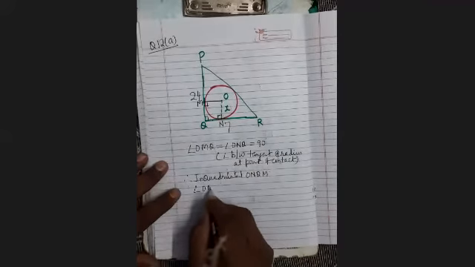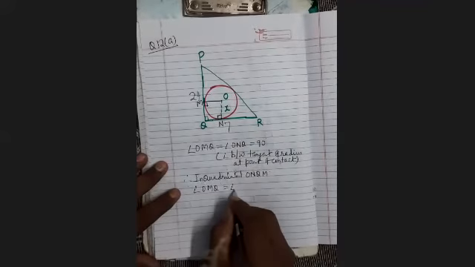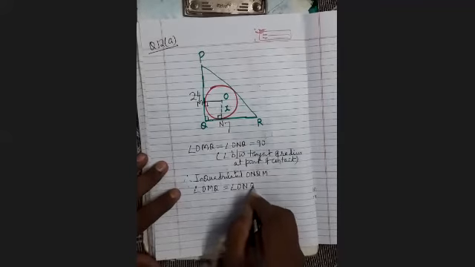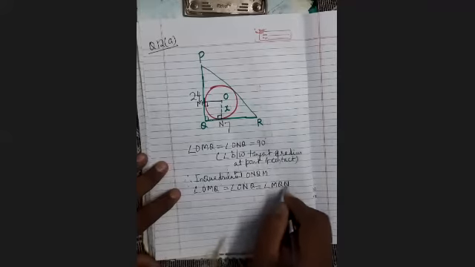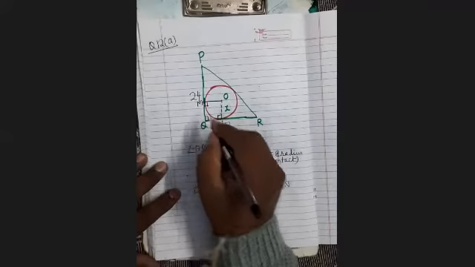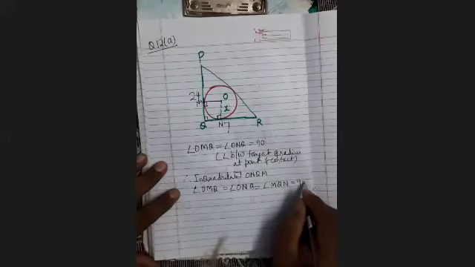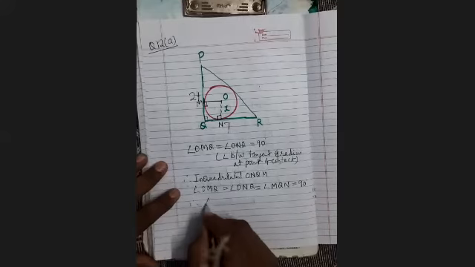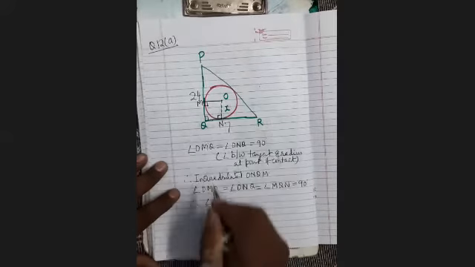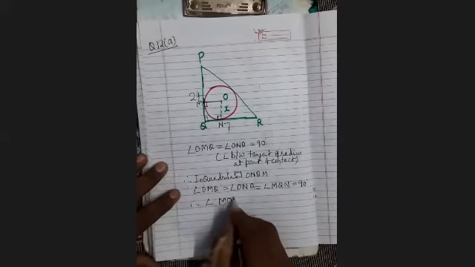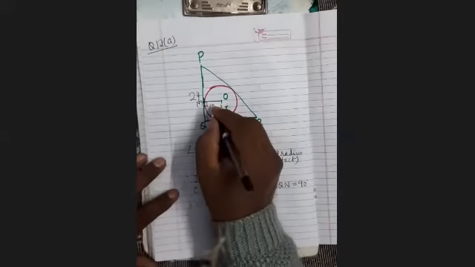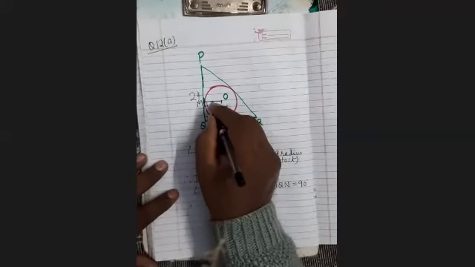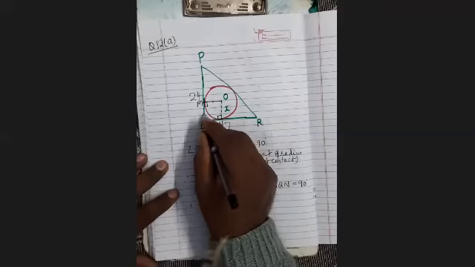Angle OMQ equals angle ONQ equals angle MQN, this is 90 degrees. Therefore, angle MON is also 90, and this is 90. Therefore, opposite sides will be equal.